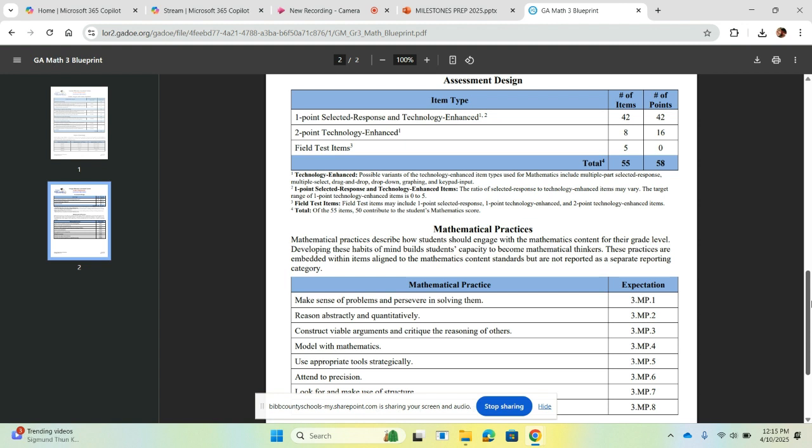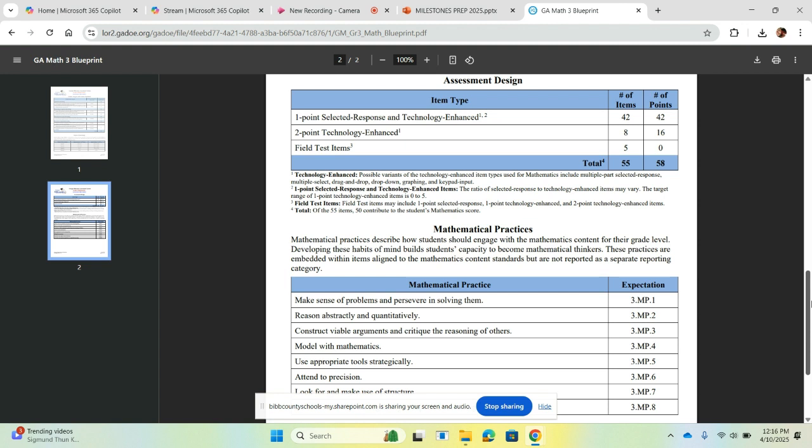And then the field test items. These are items they're not expected to know per se. These are going to be a little bit more difficult. They may be leveled up just to see, one, they may be trying a new type of digital question or a new type of digital tool. The field test items can be selective response, but sometimes they're technology enhanced, so they could be worth 1 or 2 points, but they tell you right here, there's going to be about 5 of those.